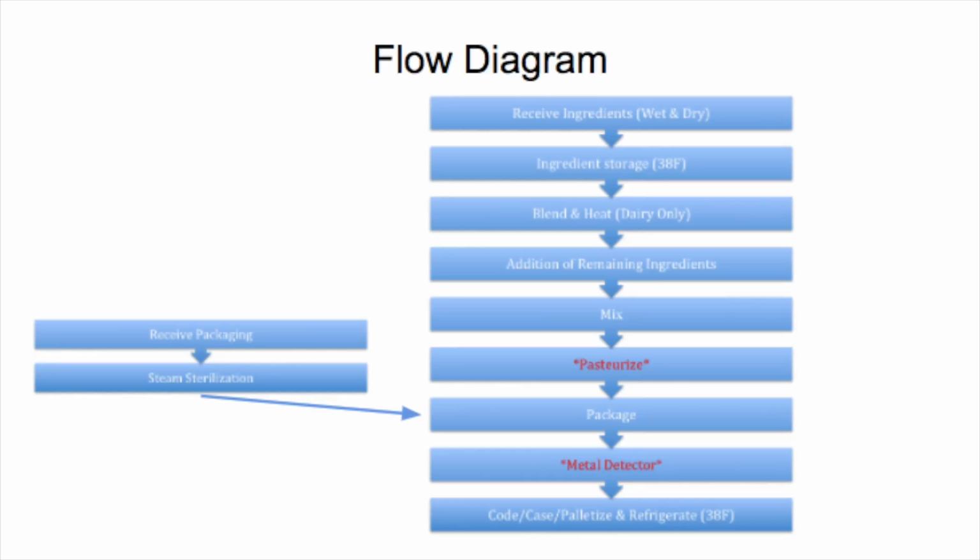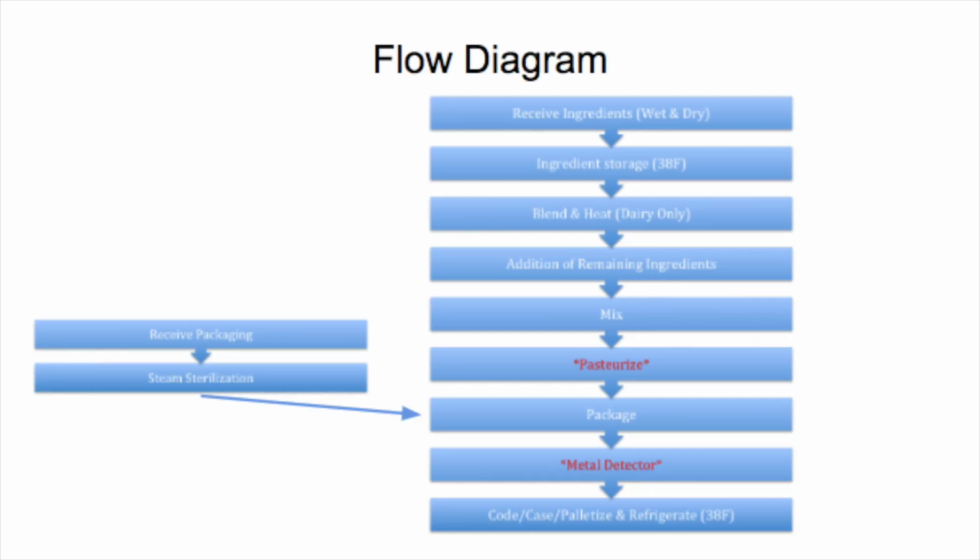The ingredient storage for the dairy products is 38 °F, which are the shredded cheese, whey, and cream. And for the other ingredients, the jalapeno, sorbic acid, gum, lactic acid, and salt, they will be stored at room temperature.